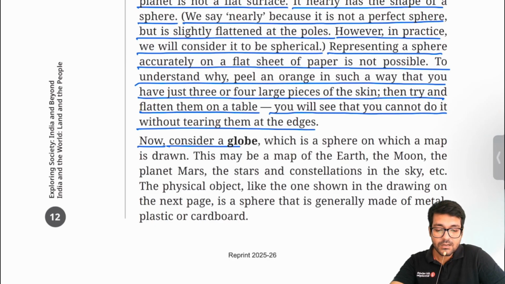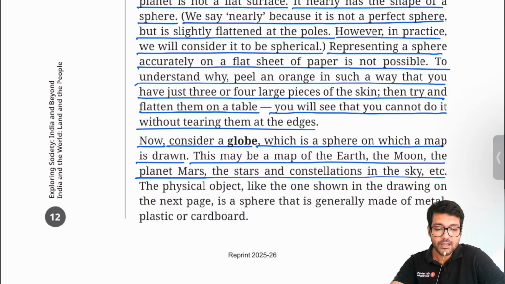Now consider a globe, which is a sphere on which a map is drawn. This may be a map of the Earth, the Moon, the planet Mars, the stars and constellations in the sky, etc. The physical object like the one shown in the drawing on the next page is a sphere that is generally made of metal, plastic or cardboard.